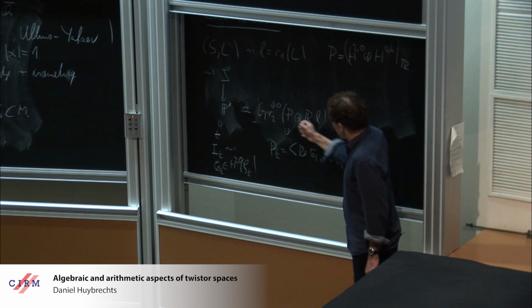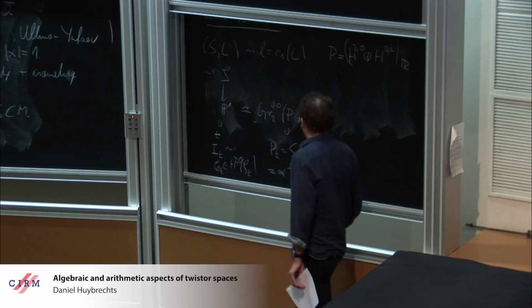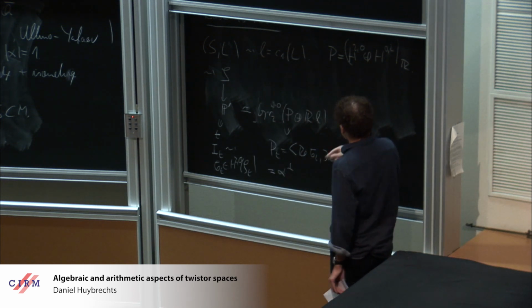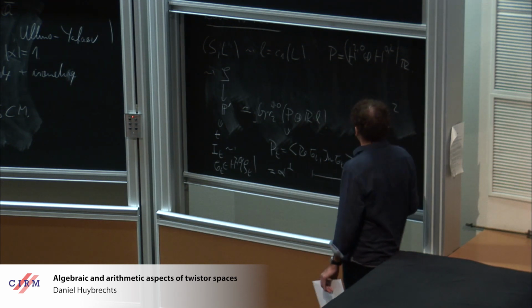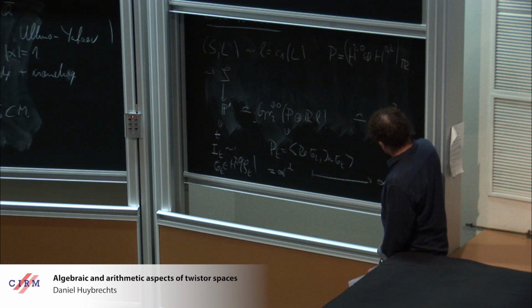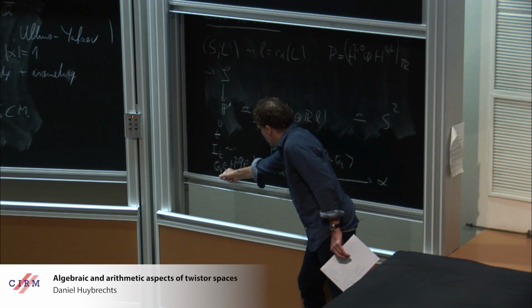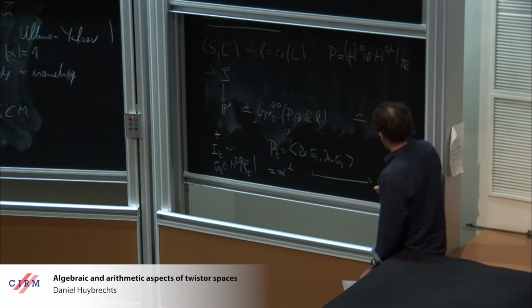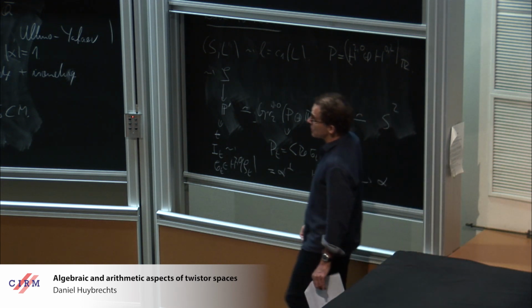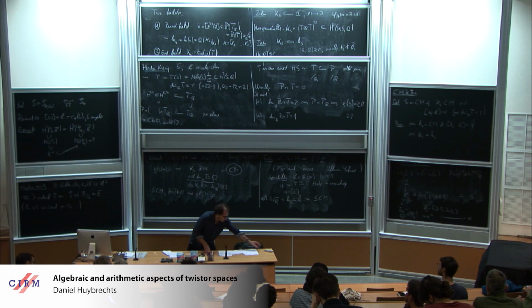Now that's a plane in a 3-dimensional space, so you can also view this as something orthogonal to alpha, and you can normalize the alpha, and so you get the identification with a sphere S2 naturally by this procedure. Taking the complex structure, the 2-0 form, the plane that is orthogonal to some element, that gives you an element in S2 after normalization. Okay, so now let's look at the case Picard rank 20.